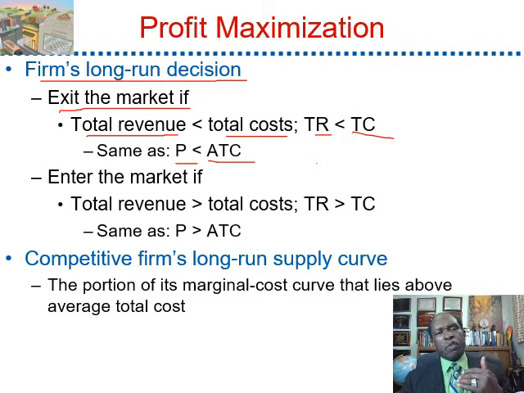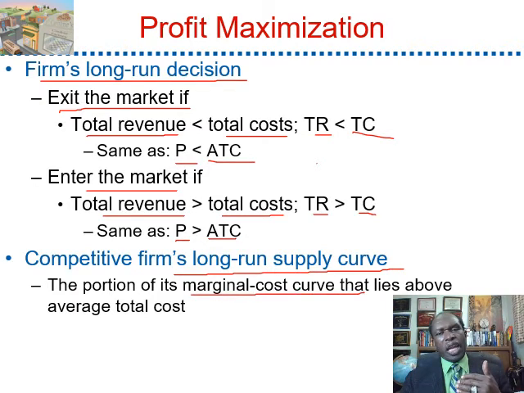The firm should enter the market when total revenue is greater than total cost, TR greater than TC, same as price greater than average total cost. So the competitive firm's long run supply curve will be the portion of the marginal cost curve that lies above the average total cost.